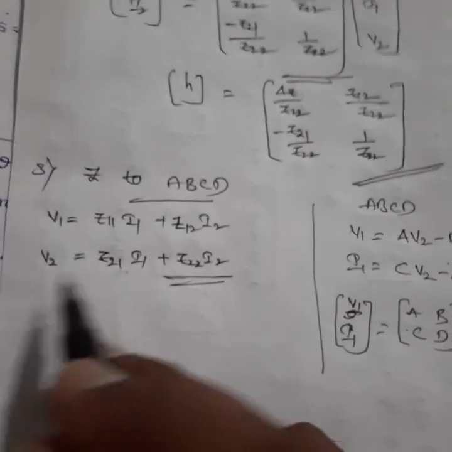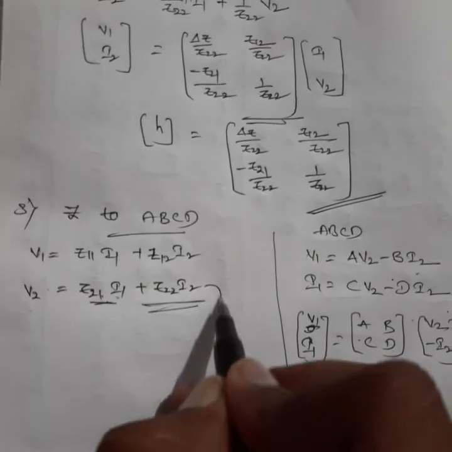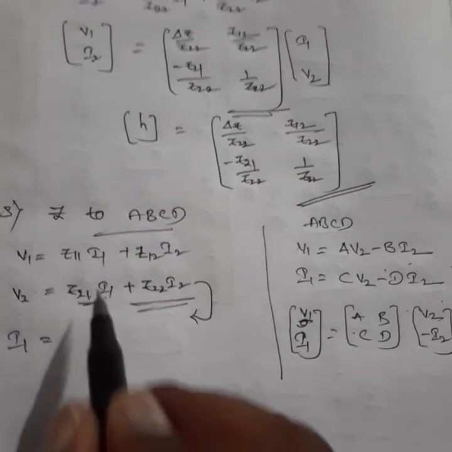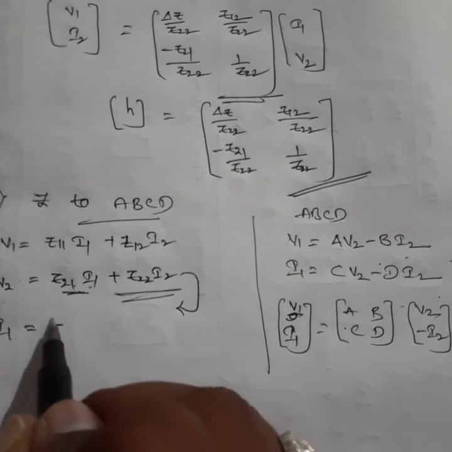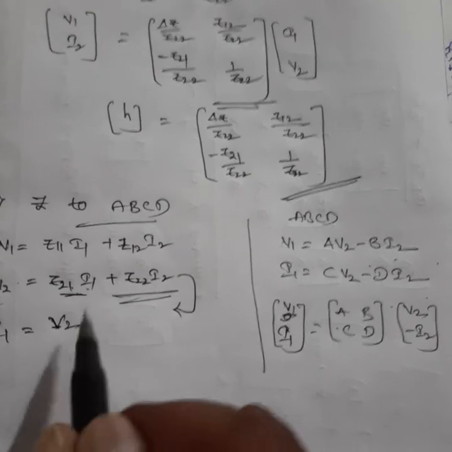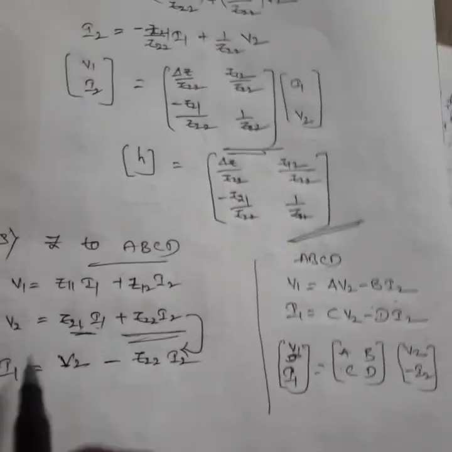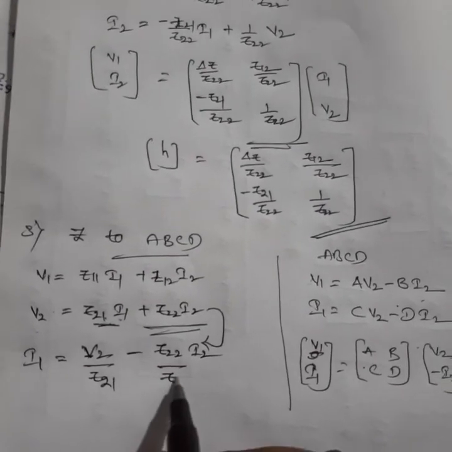From the second equation, I am taking I1 equals V2 minus Z22 I2 by Z21.